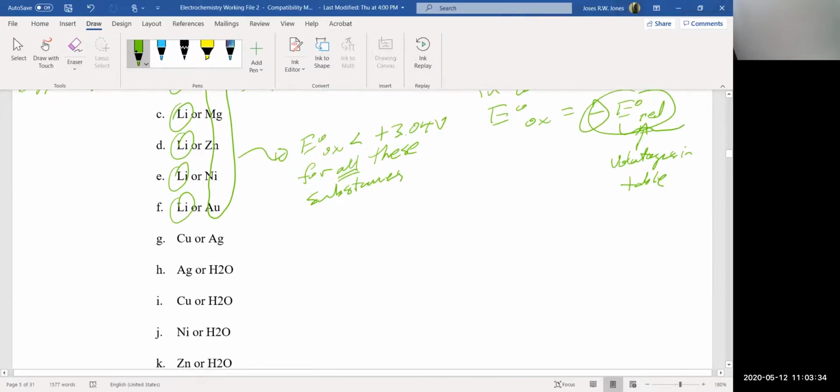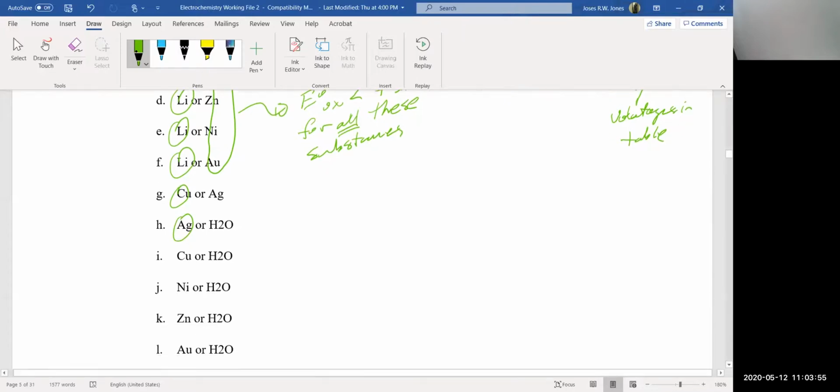So now going down to copper or silver again, which has a greater positive oxidation potential? Well, copper does. Between silver and H2O, sorry, that should be a subscript, the 2 in the H2O. Between copper and H2O, copper is more positive.